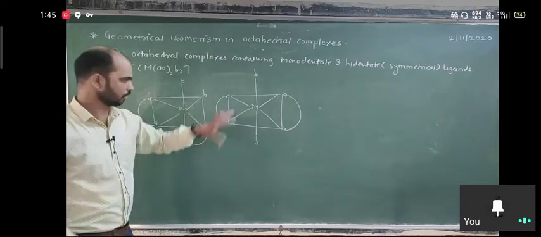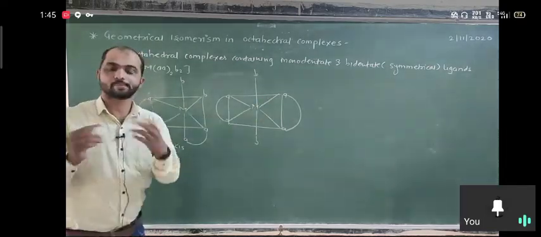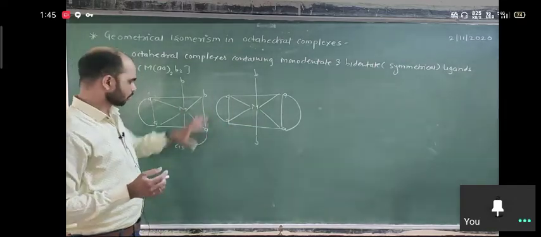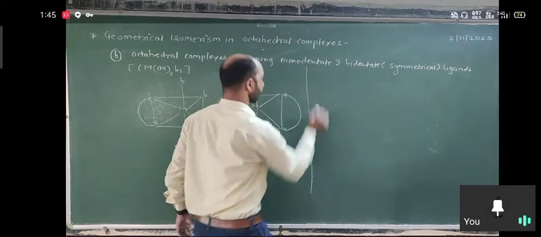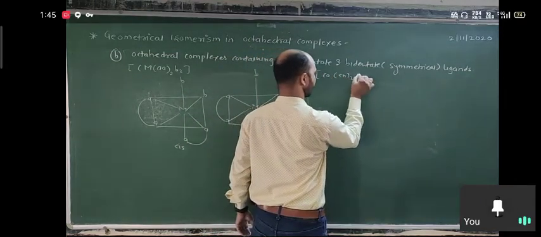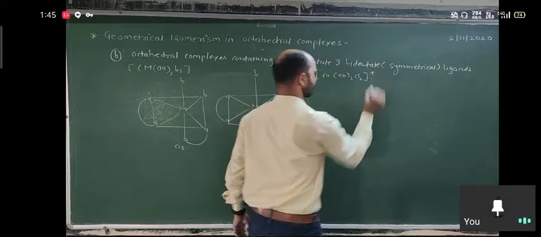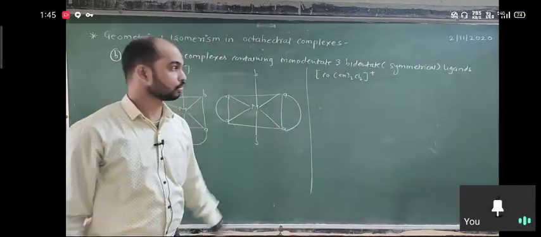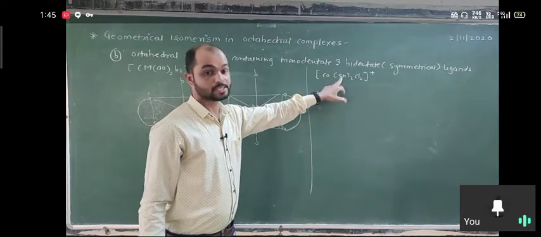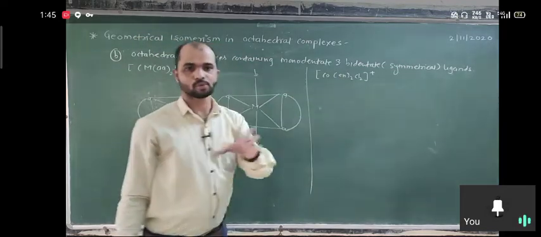Here again there are 4 A, but they are part of two bidentate ligands. So the only difference is here. For that we consider the example [Co(en)2Cl2]+. Ethylene diamine is the symmetrical bidentate ligand, Cl is the monodentate ligand.